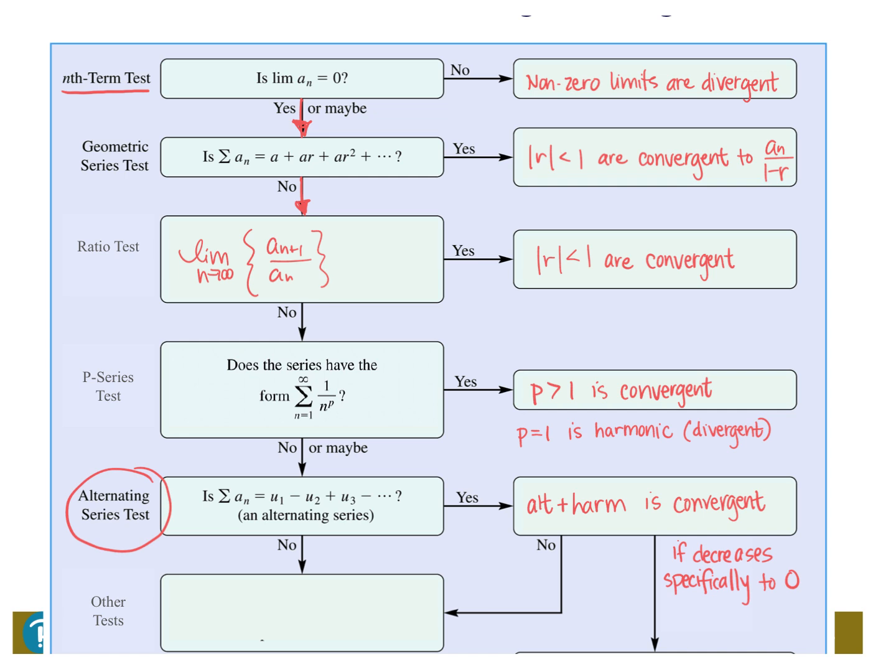The last tests that we've picked up have been these other comparison tests. We've picked up the integral comparison, so you can compare how those turn out.